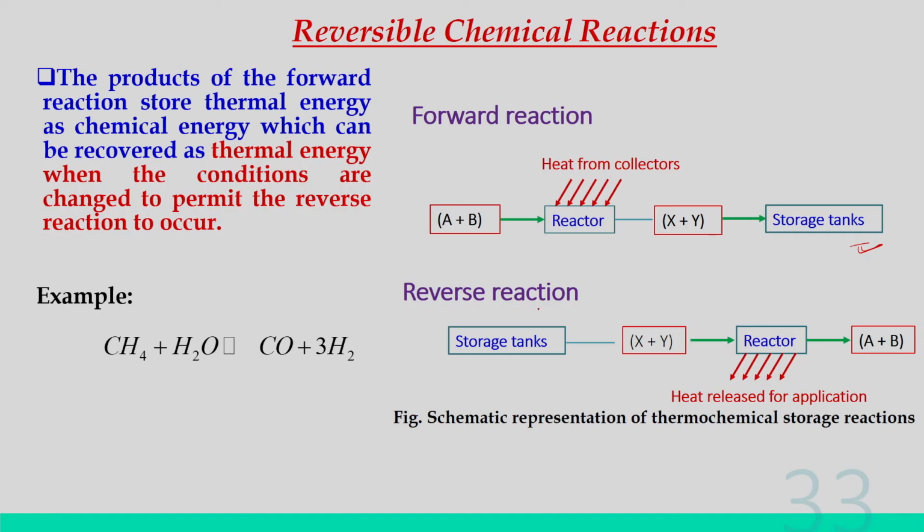In the reverse reaction, X, Y will react, and then we have to release the energy. So, we can get the energy back from the storage system from X plus Y to A plus B by using this reverse reaction. Okay. So, this is what is shown as the schematic representation of thermochemical storage reactions.